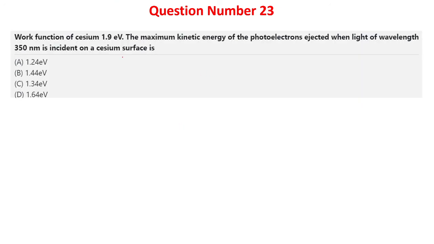Question number 23. Work function of cesium is 1.9 electron volt. You need the maximum kinetic energy if a light of wavelength 350 nanometer falls on it. Again simple, but please take care when you are making calculations in electron volt. hc by lambda gives energy in joule, but to convert it into electron volt you need an e also here.